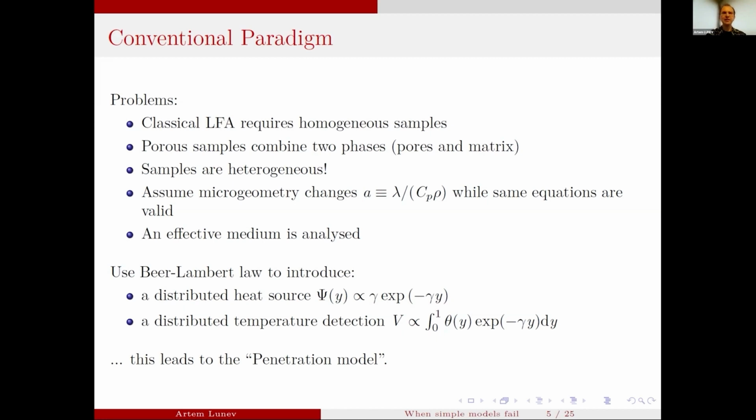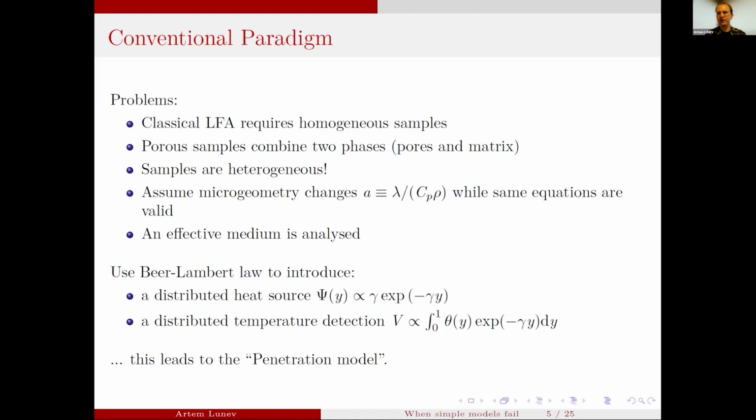If we assume that the microgeometry only changes the thermal diffusivity value, then we can say that there is an effective medium which has the same time temperature output as the more complex geometry, but this effective thermal diffusivity corresponds to that complex geometry. This has been proposed as the hypothesis for this work.